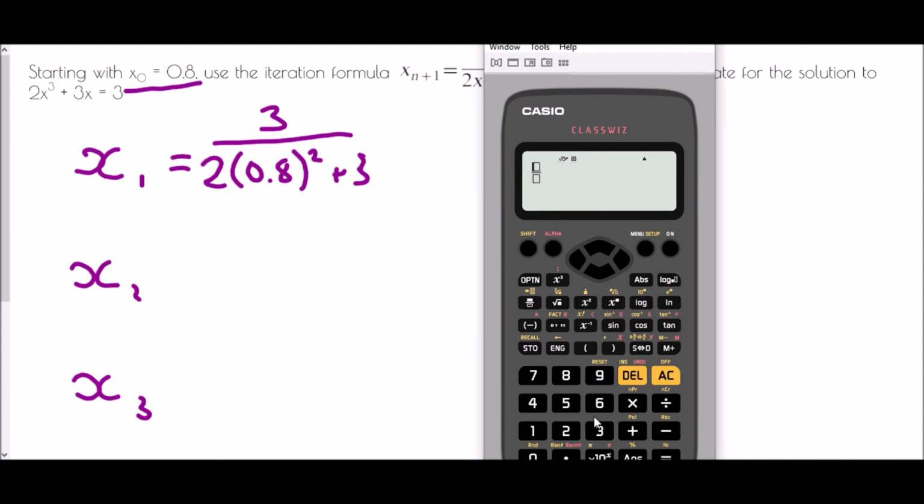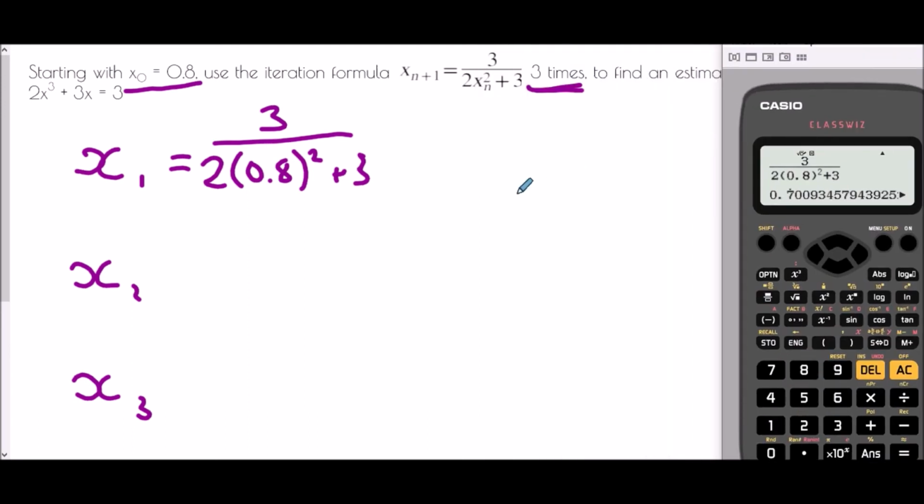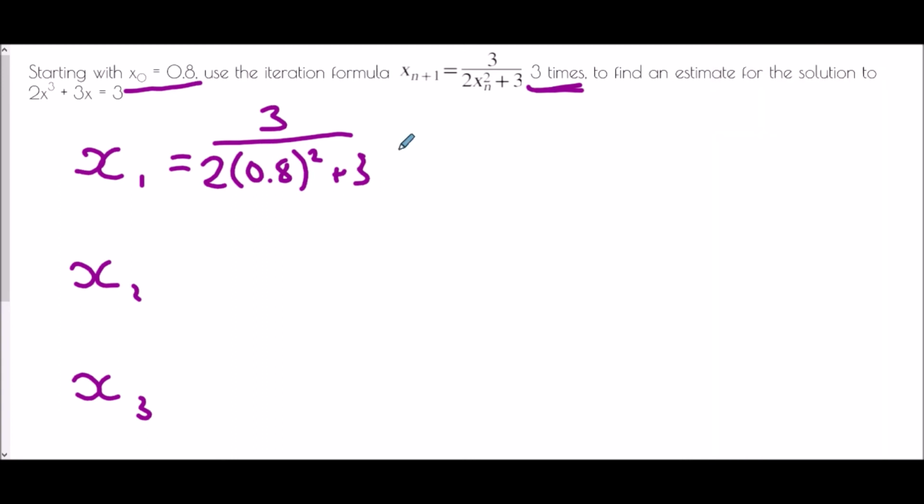So we've got fraction 3 over 2 brackets 0.8 close brackets squared plus 3, and we get an answer 75 over 107. Again, let's just switch that out to a decimal, 0.700... But that is only the first iteration.